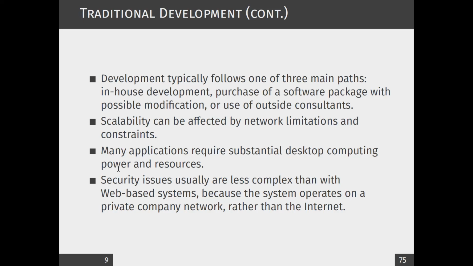Especially when you're purchasing, there will not be any software which suits 100% of your requirements, so you should make some modifications, and then you might use some outsiders. But remember, scalability might be an issue because this is affected by the limitations of the network, and you need a lot of computing power as well as resources.